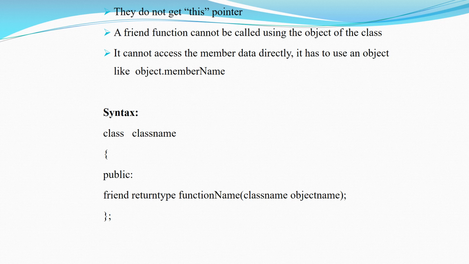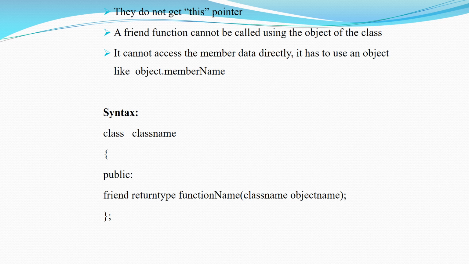It cannot access the member data directly. It has to use an object, like object dot member name. How is it accessed? By the object, like object dot member name. Now let us see the syntax of a friend function.